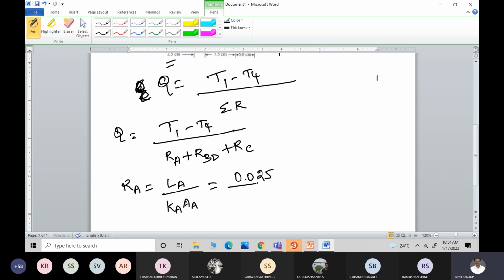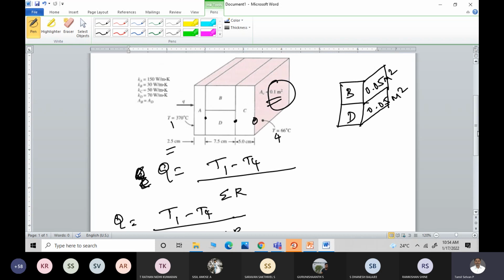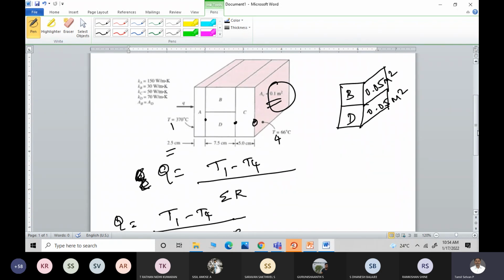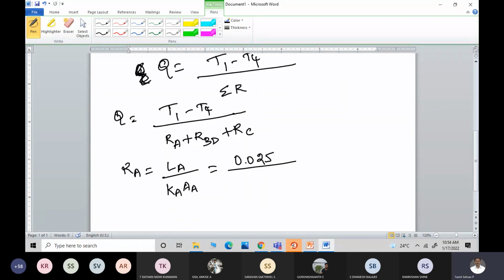Please correct me if I do it wrongly, because you people are experts compared to me when it comes to mathematics. K suffix A is mentioned as 150, so 150 into 0.1.